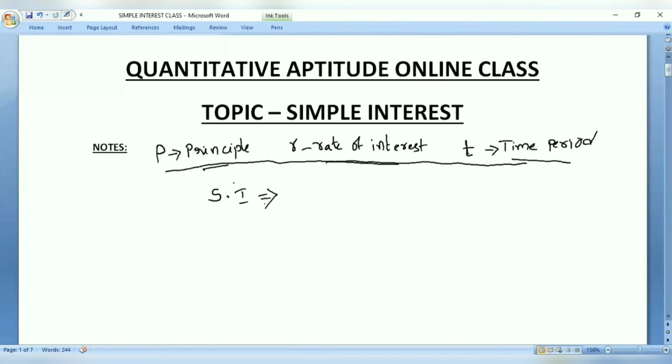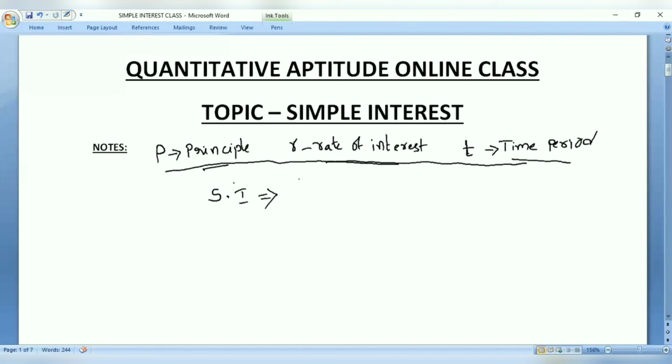Compound interest means the principal will change. The interest accrued at the end of 1 year or a specific period will be added to the principal, and for the next cycle it will become the new principal. So adding to an existing one is called compound interest, and for simple interest the principal remains the same. This is the fundamental difference between simple interest and compound interest.